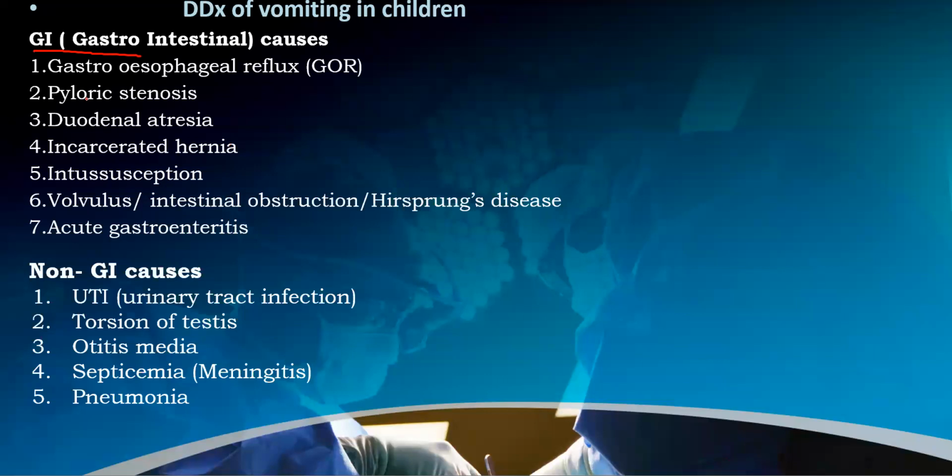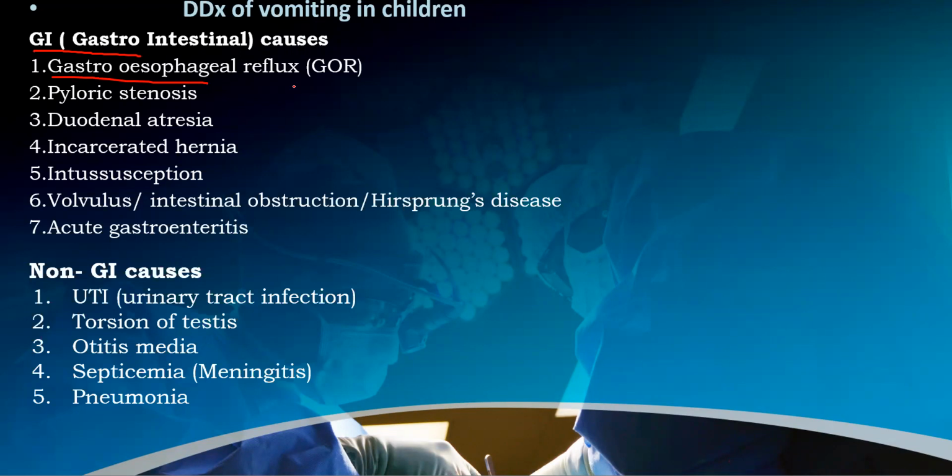All right, so there are a lot of cases. Now, gastroesophageal reflux is very common in up to the 12 months age group, and usually the children have this kind of vomiting, which is not too projectile, and they usually thrive well, grow well, no problem apart from just vomiting after feeding.